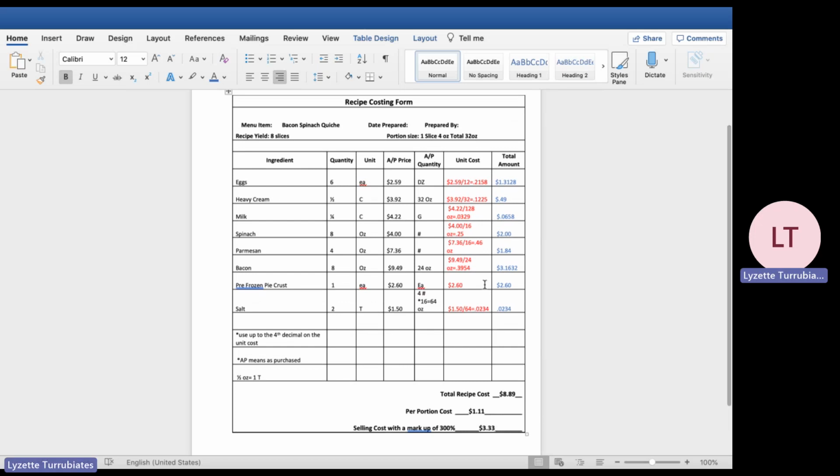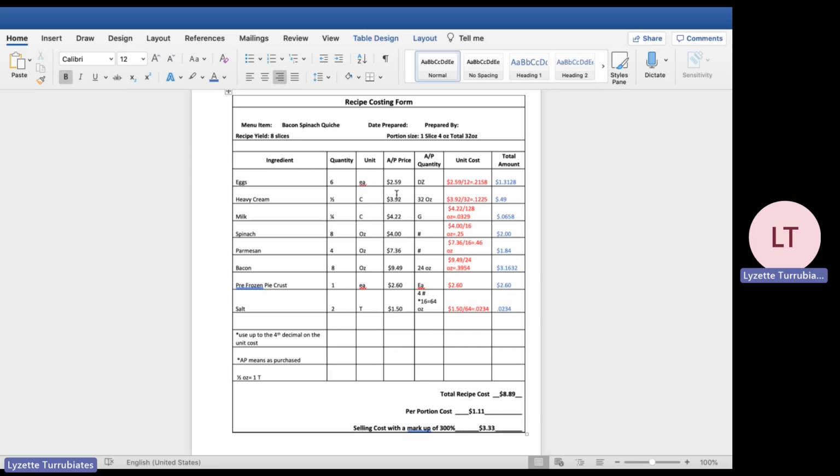So that's it. It's fairly easy as long as you know how to convert, right? You know how many ounces are in a gallon, how many ounces in a pound. And if you don't, then there's a lot of conversion tables online that you can utilize.